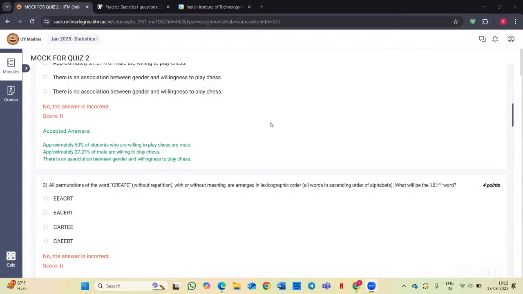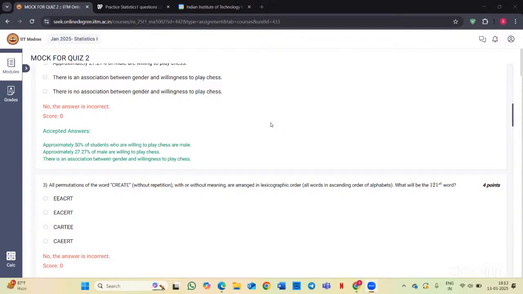See, in total, with this word CREATE, how many words can you make out of it? The 6-letter word. In total, you can make how many words? 360, right? Till 360 words, you can find out which letter is in which position. You can find out any word for a particular position.